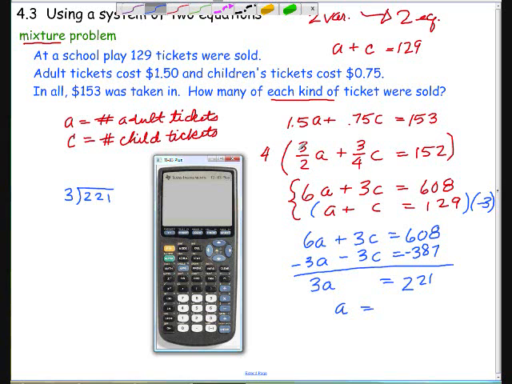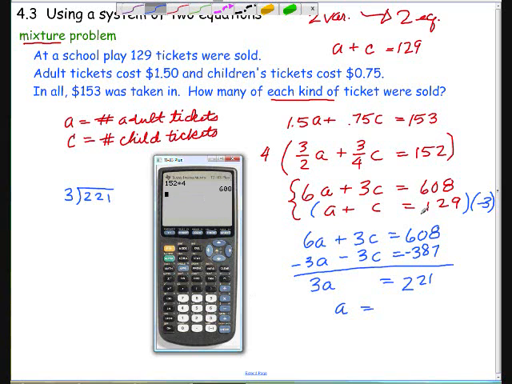When I multiply by 4, this will become 6a, and this will become 3c. So I'm okay so far. Okay, 152 times 4. Make sure I did that right. 608. Okay, that's okay.